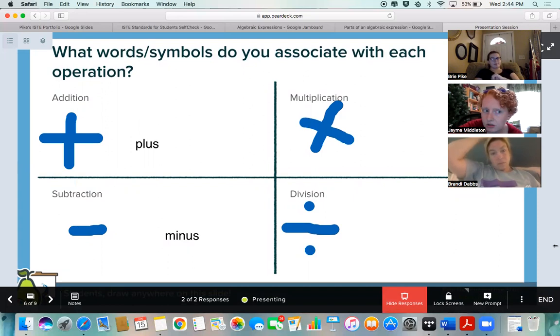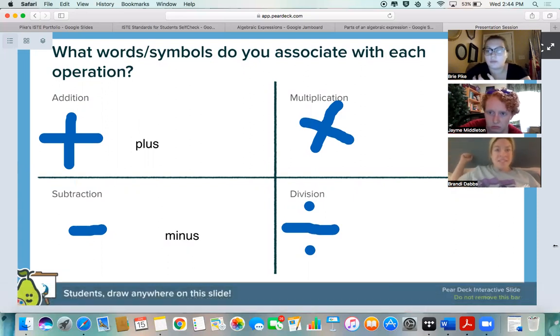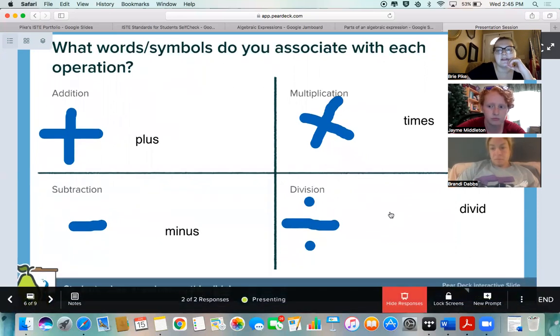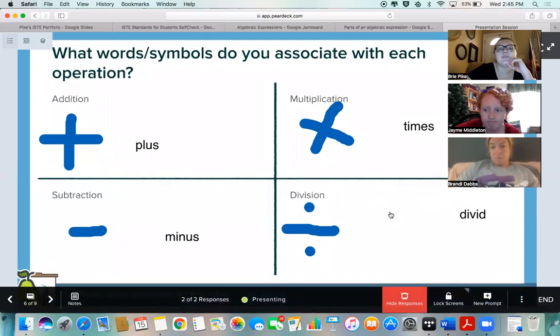Brandy? Fraction. Right. Jamie, say that again. Fraction. Fraction, right. So we've got plus, sum, minus, difference, quotient, product, times, divide. Okay, so some other things that we might see in addition are added to, or taken away.